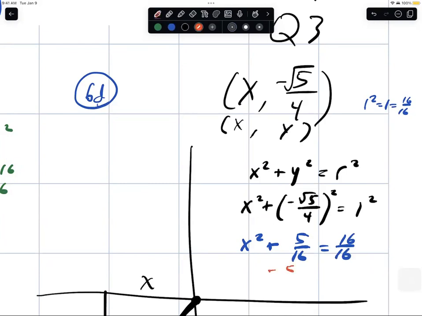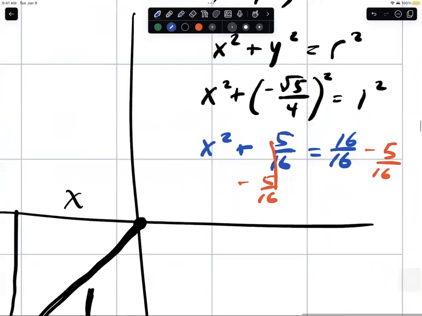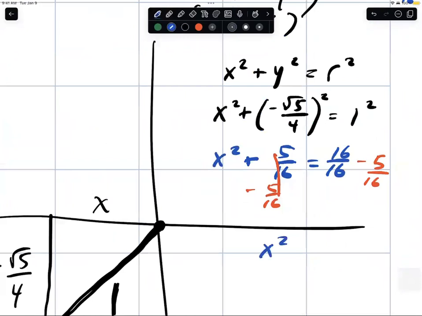We subtract 5/16 on both sides, and so we get x squared equals 11 over 16. Take the square root of both sides, and we get x is equal to plus or minus the square root of 11 over the square root of 16.